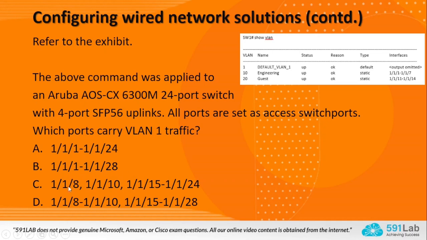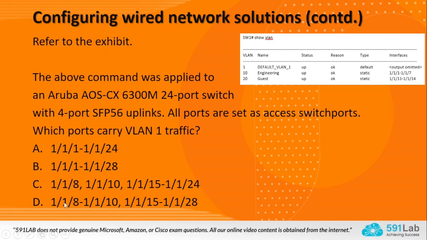Let's check C, 1/1/8, 10. How about 9? This is also wrong. 8 and 10, yes, they are part of VLAN 1. But 15 to 24 are also part of VLAN 1, and certain ports are missing here.